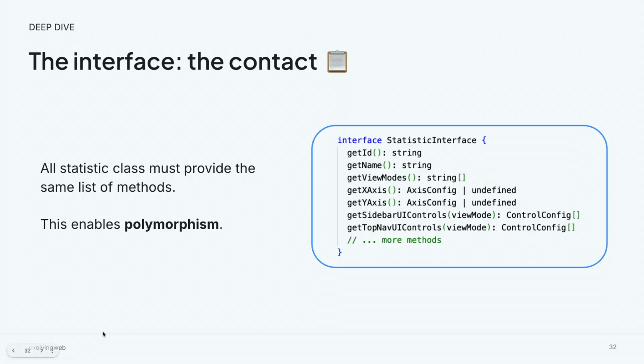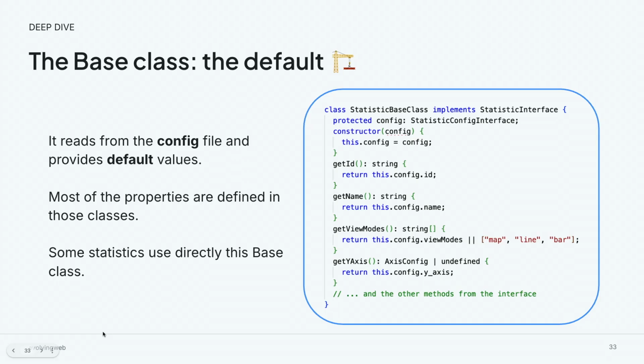Then we're going to have the base class. It reads from the config file, and we're going to use it mostly to define the default values of statistic properties, because not all of the properties are defined in the config file, as it would be redundant.